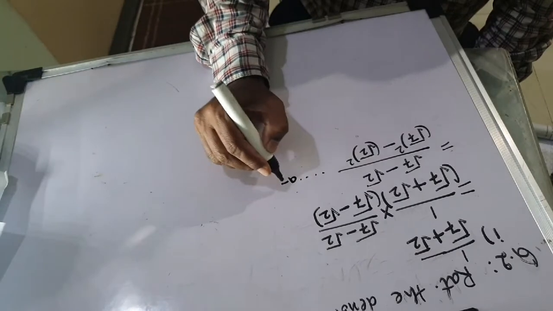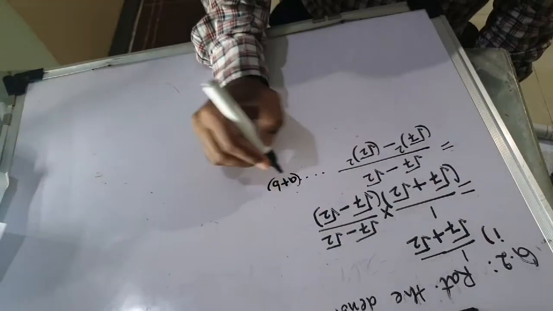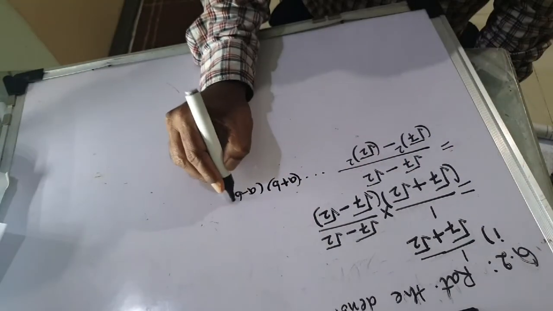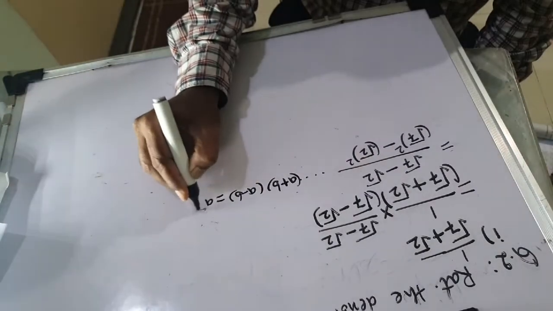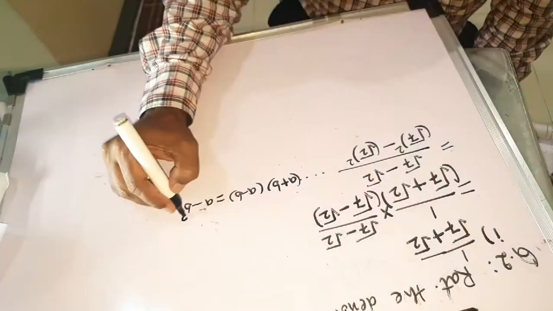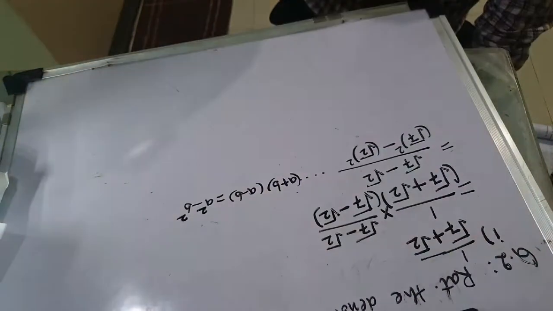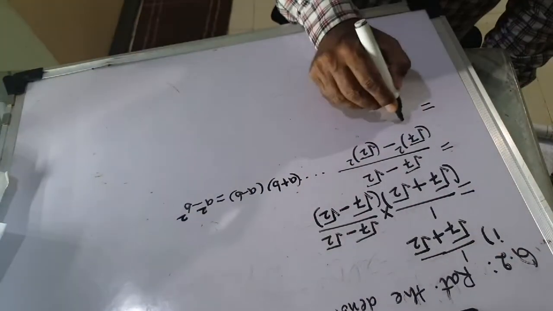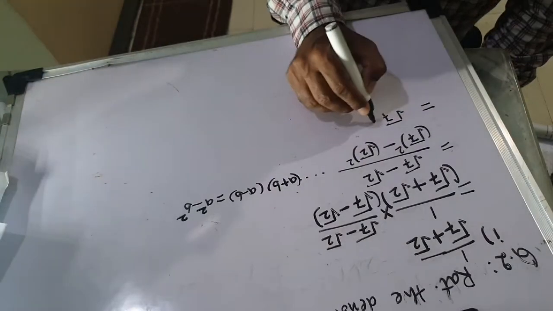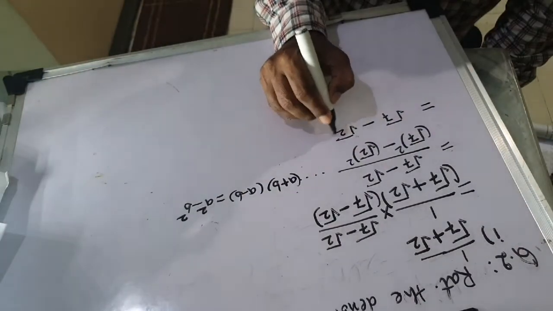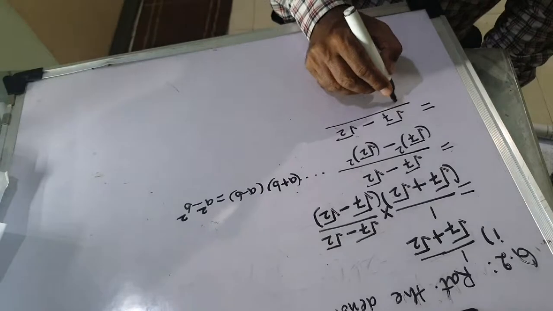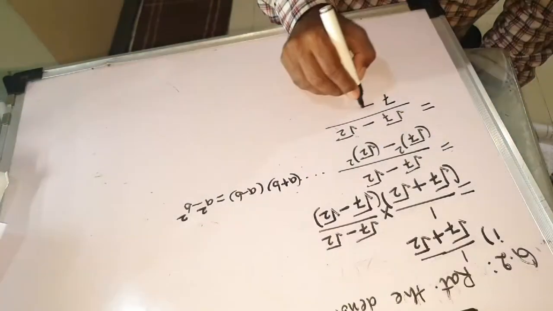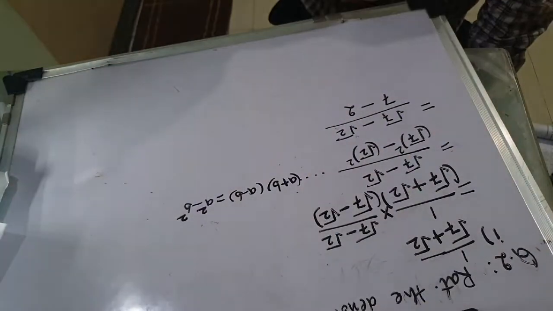A plus b into a minus b is equal to a square minus b square. This rule I have applied. This is the identity. So that is equal to root 7 minus root 2 upon root 7 square, which will be 7, minus root 2 square, which will be 2.